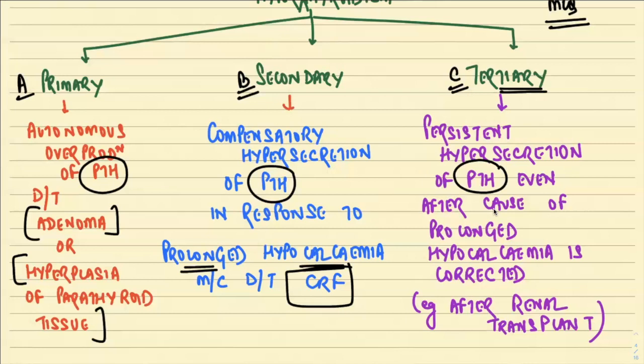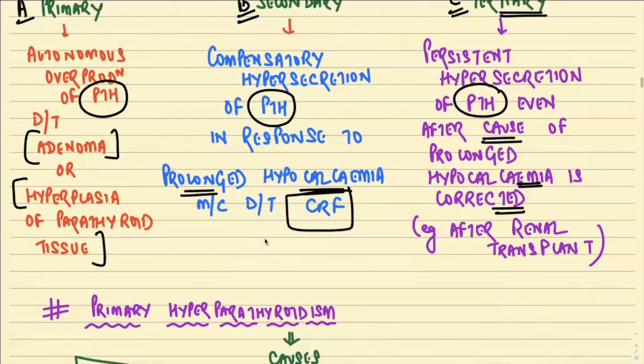But the difference is that in tertiary hyperparathyroidism, even after the prolonged hypocalcemia is corrected, the parathormone level doesn't come down. So even after the cause of prolonged hypocalcemia is corrected, for example, if the defective kidney is replaced by a normal kidney, even after that, the parathormone level doesn't come down. Just see the point of difference, try to understand.